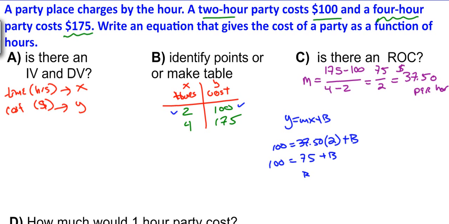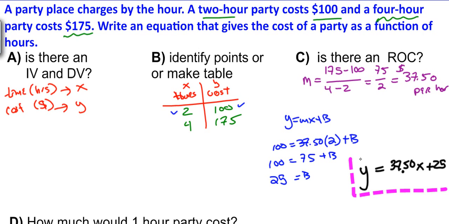And then if you subtract 75 on both sides, you get 25. So then my final answer for the equation of the cost, y equals 37.50x plus 25. And there's our answer.